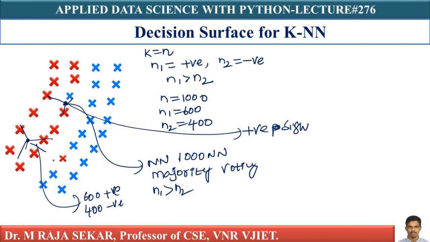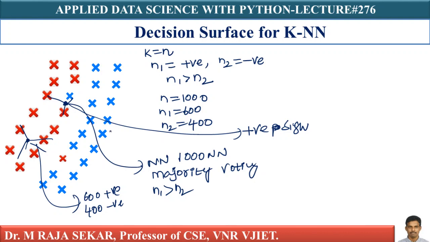Because there are more positive points. Wherever my query point is, my 1,000 nearest neighbors will say everything is positive. There is no more decision surface. Everything is positive because I have more positive points in the data set than negative points.